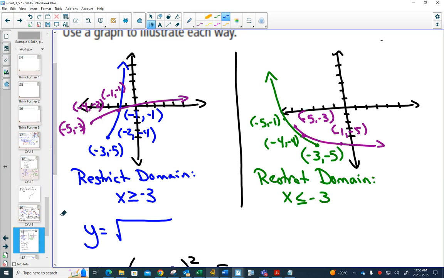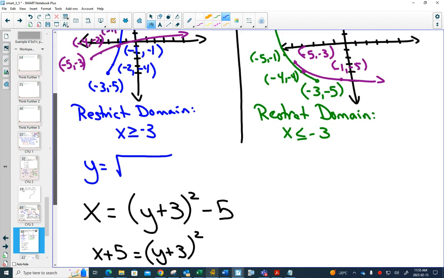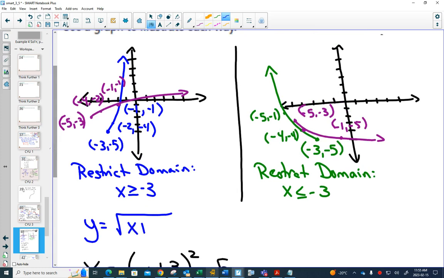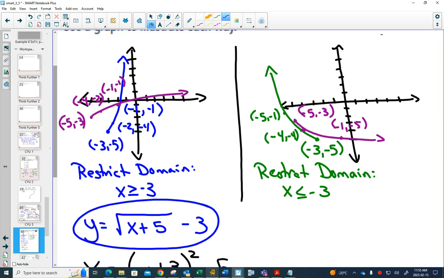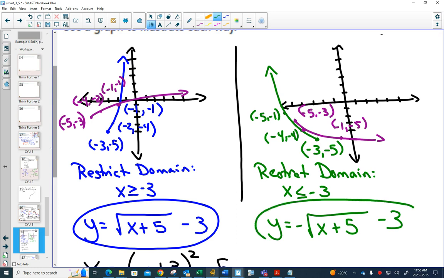Look down at my equation. That's the equation of my inverse for this one. And for the green one, it would have the negative. That would be the equation of the inverse for the green.